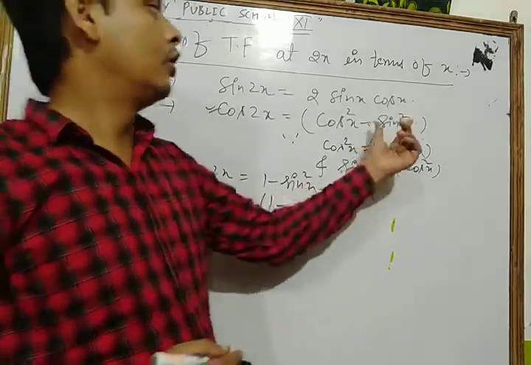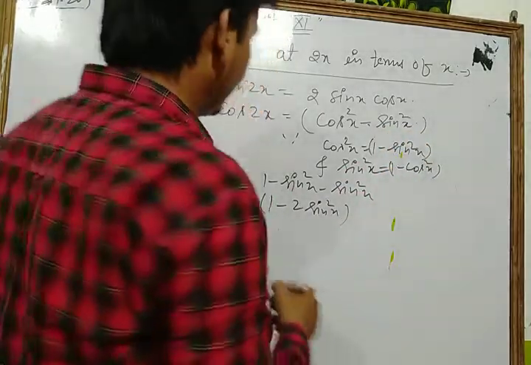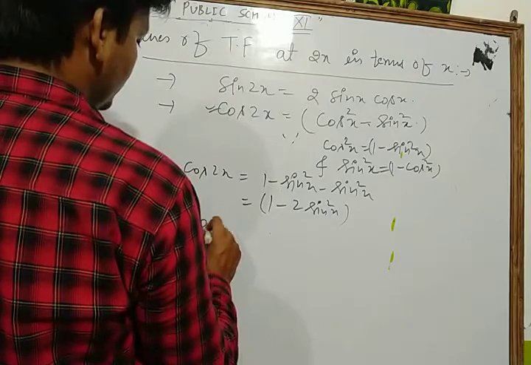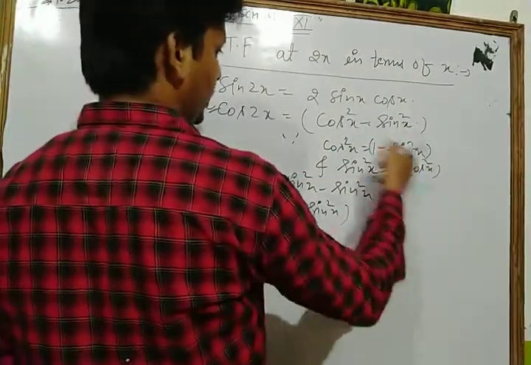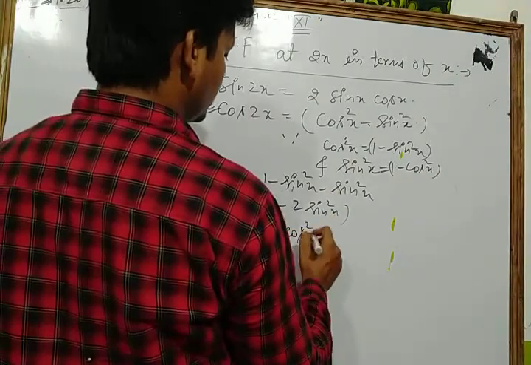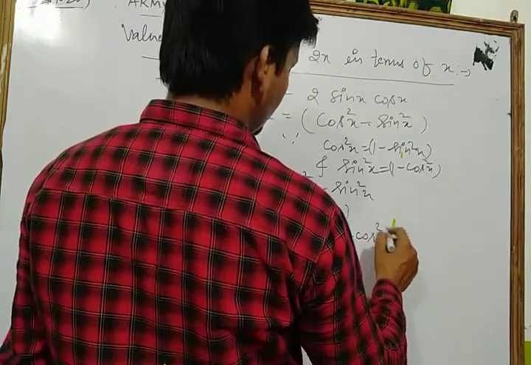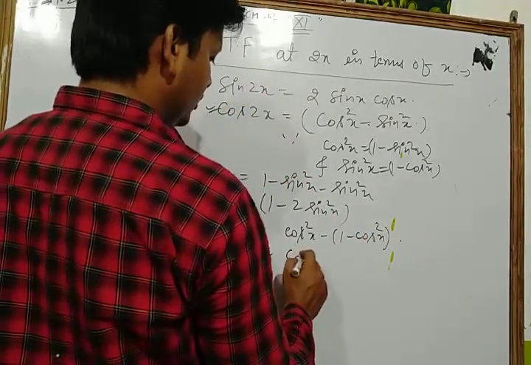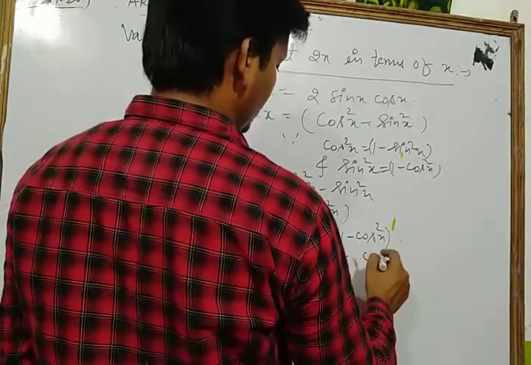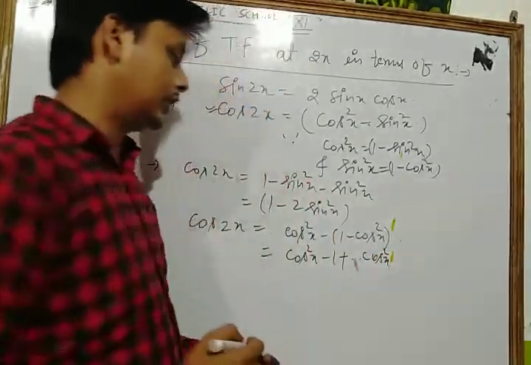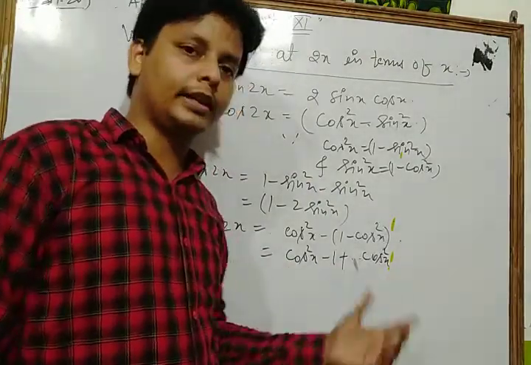Okay, now we replace sin square x as 1 minus cos square x. Then what do I get? Cos 2x is equal to cos square x minus (1 minus cos square x). So we get cos square x minus 1 plus cos square x. Now, cos square x plus cos square x is 2 cos square x.